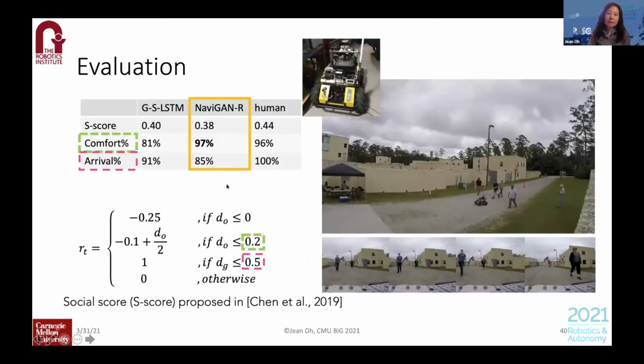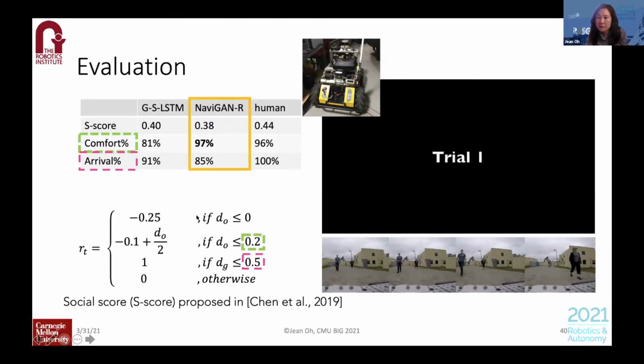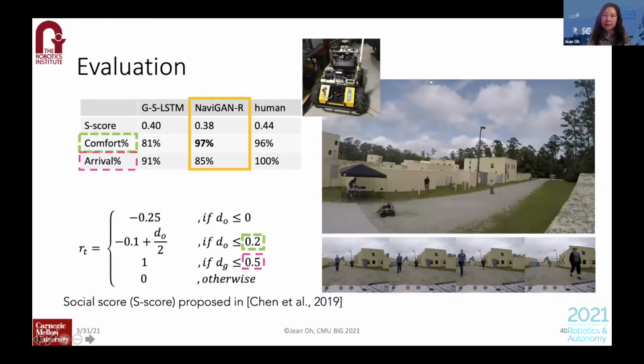Okay, and then we also did some real robot experiments in a little bit controlled setting, and the performance was good. But there was a finding from this robot experiment, which is a kind of human-robot implicit teaming.